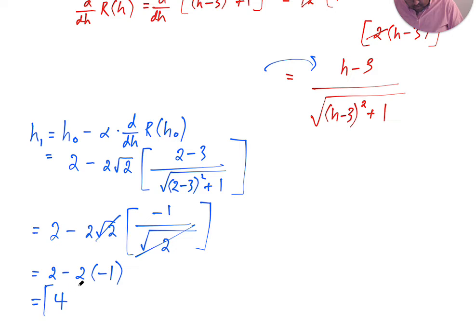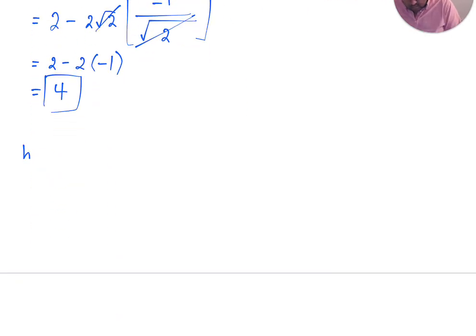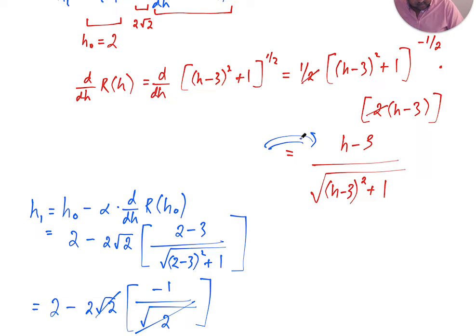Now what I need to do is repeat this calculation again to find h2. So similarly, I know h2 is going to be h1 minus my step size times the derivative of r of h evaluated at my previous guess, which was h1 now. Plugging in all the values I know, well, I know h1 is 4. I know alpha is 2 times the square root of 2. And now I need to plug in 4 into this expression.